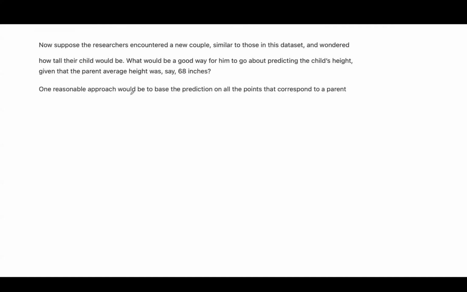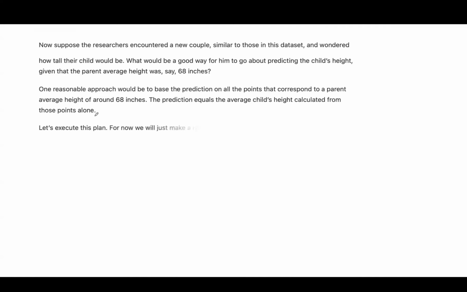One reasonable approach would be to base the prediction on all the points that correspond to a parent average height of around 68. So we're looking at nearby points. The prediction equals the average child's height calculated from those points alone.